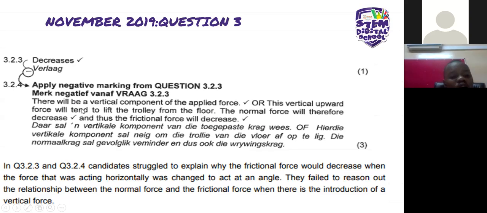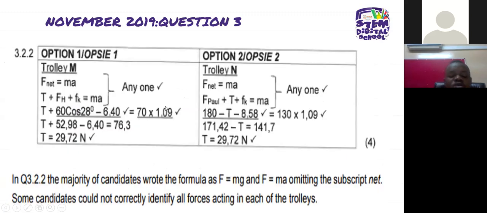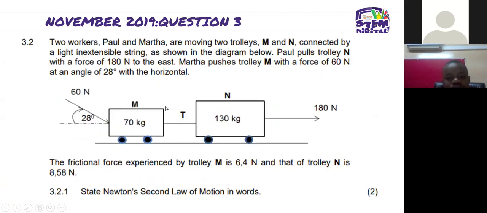Because now there will be a vertical component of the applied force. What are we talking about? When you start to apply this force at an angle, there are two components now. The force applied at an angle can be resolved into a horizontal component as well as a vertical component.